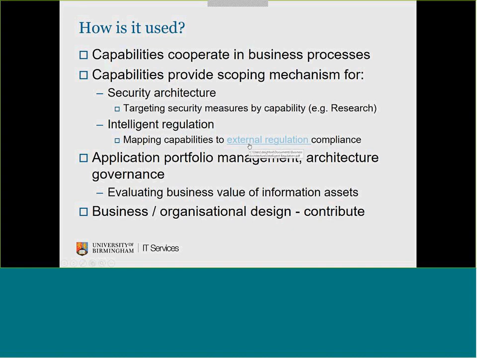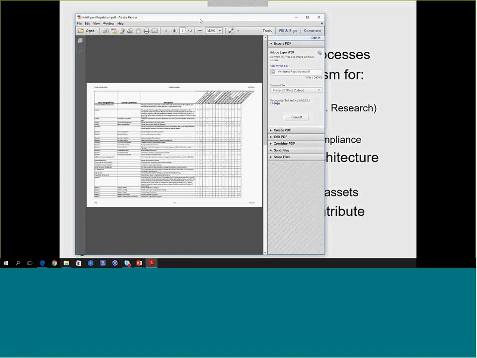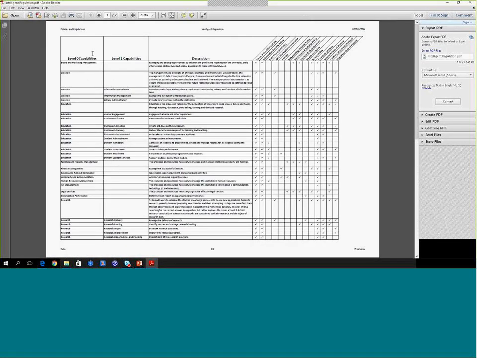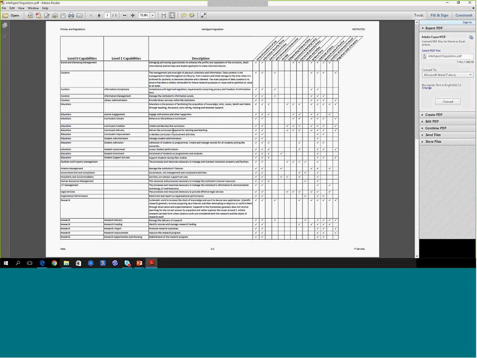So let's click on the link. I hope it will work. So here's an example of, it's small, isn't it? Where we're taking capabilities and mapping them to regulations and policies in this case. And it's going to be very useful and a very good way of communicating with the business.